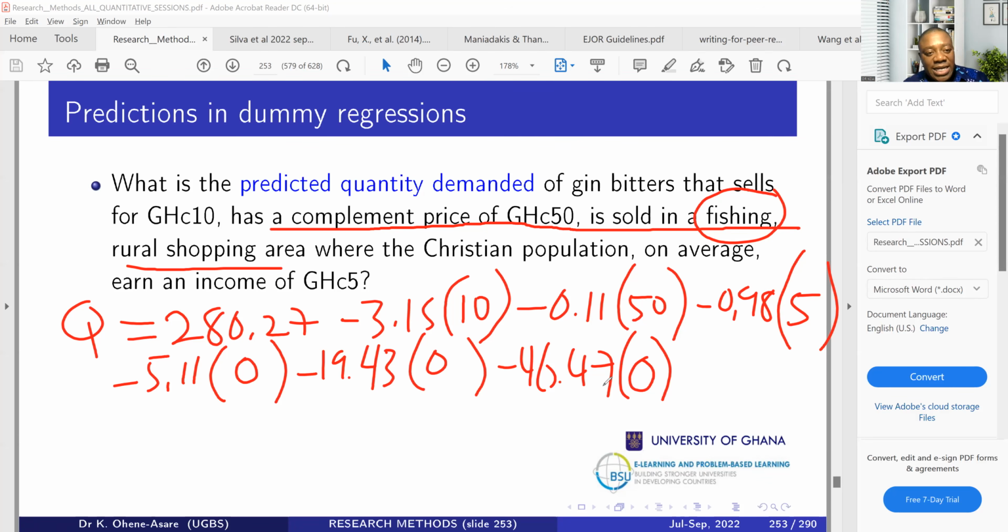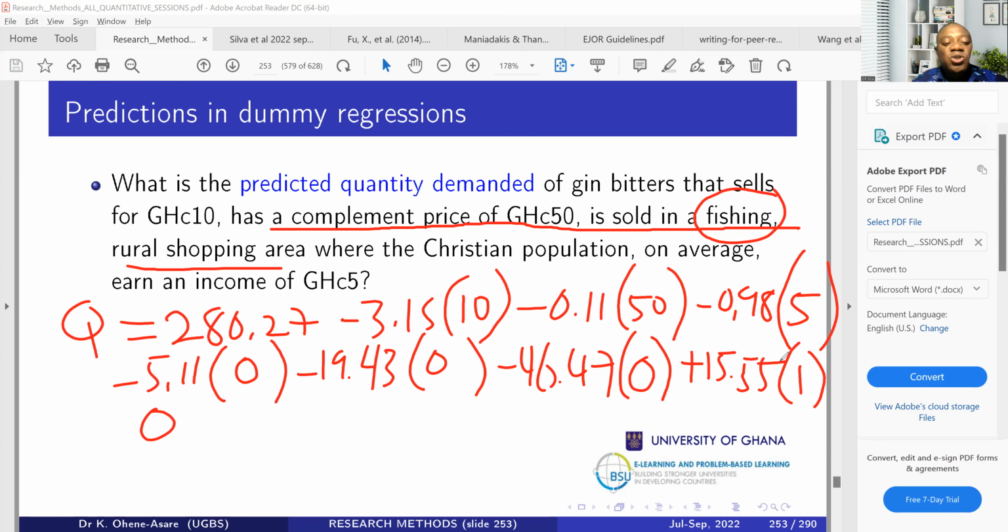So when we come to the next one, which is dummy for Christian, that is 15.55. That one is plus 15.55. Because the people are Christians, the value here will be 1. And then religion Muslim will be 0. I will not even write that. Religion Muslim will be 0 because the people are Christians.